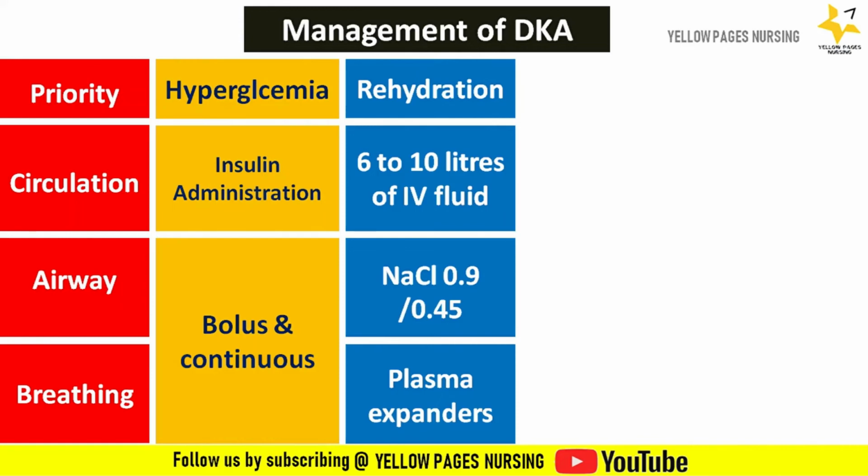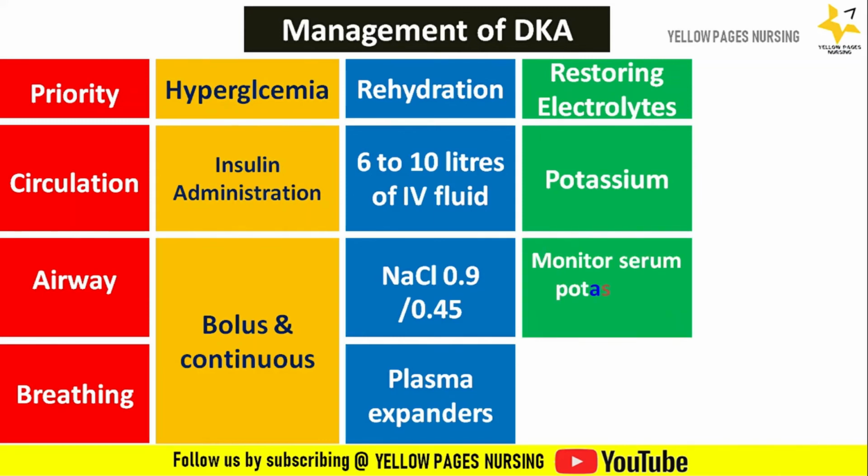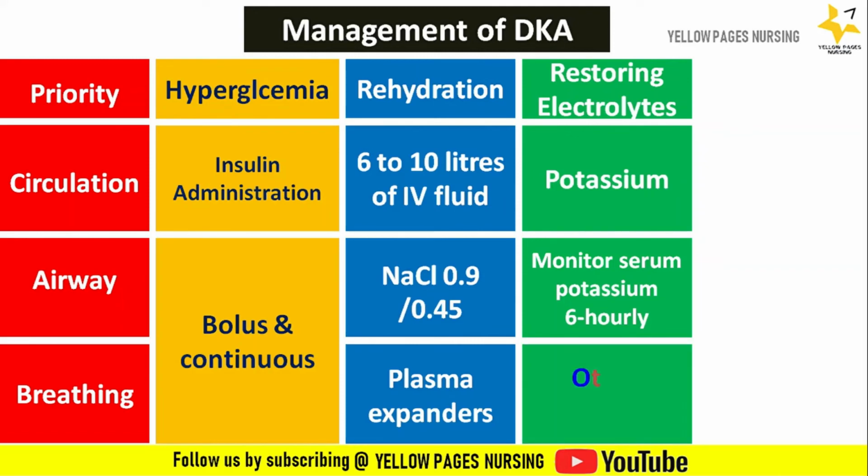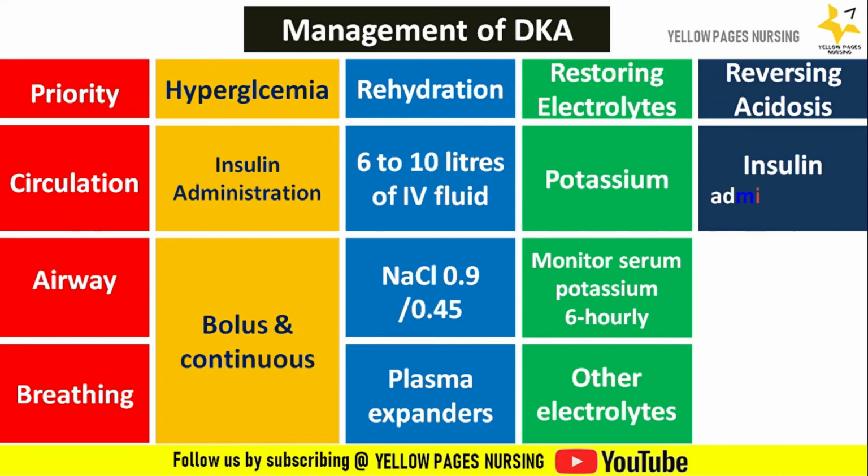Now the next main management is restoring electrolytes, that is potassium correction. Monitor serum potassium every 6 hours, and closely monitor for arrhythmias too. Other electrolyte deficits should also be corrected. Next management is reversing acidosis. Ketone bodies accumulate as a result of fat breakdown.